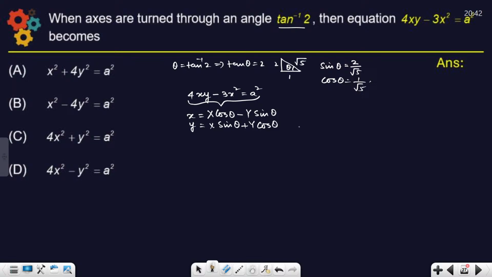Okay, this formula just now we have learned. So I will simply replace small x and small y in terms of this. That's it. So your x will be replaced by, cos theta is 1 over root 5 and sin theta is 2 over root 5, and small y is similar. Is it clear?